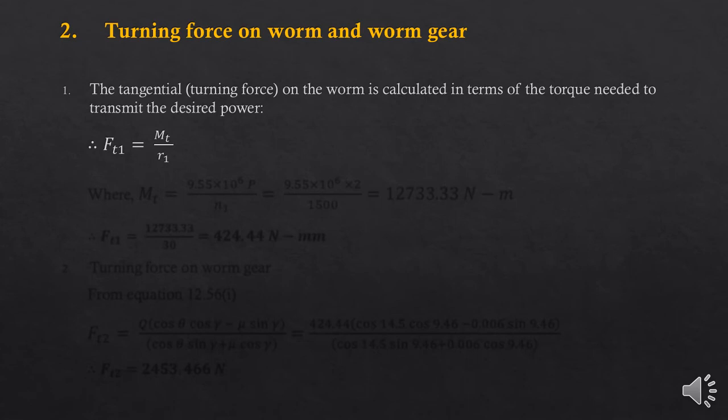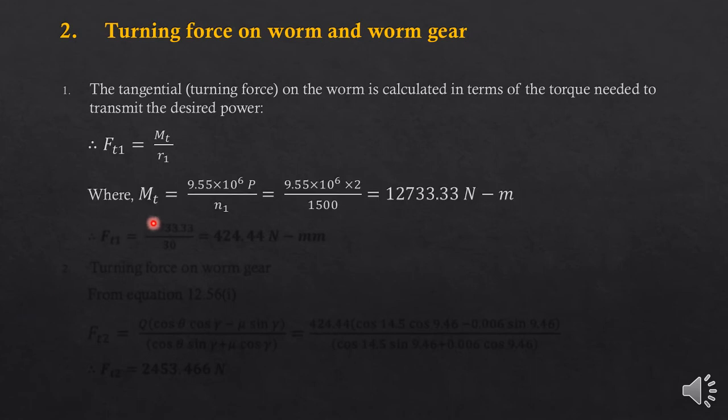Now, how do you find out the torque? You know the power, therefore you can calculate the torque from the power equation. Solve it and you will get the torque as 12,733.33 Newton mm. There is a mistake in the unit here. It is Newton mm, not meters.